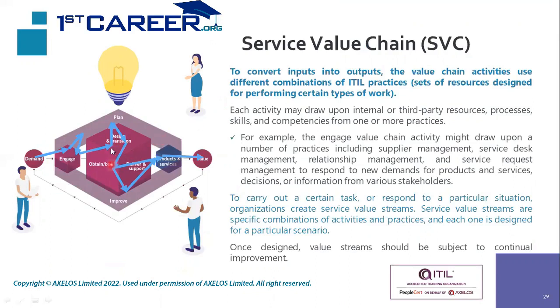If you look at this picture here on the left, these represent the 6 value chain activity, namely engage, plan, design and transition, obtain, build, deliver and support, and improve. And you see this line, the blue line going here, this is a single value stream. Thus, this single value stream, which converts demand into value, is selecting the engage activity, plan activity.